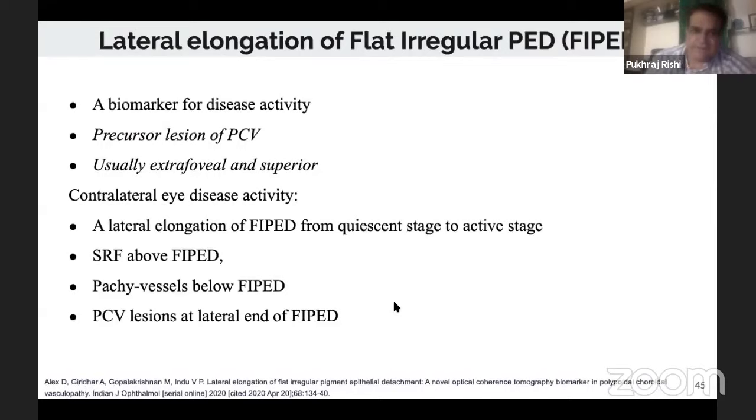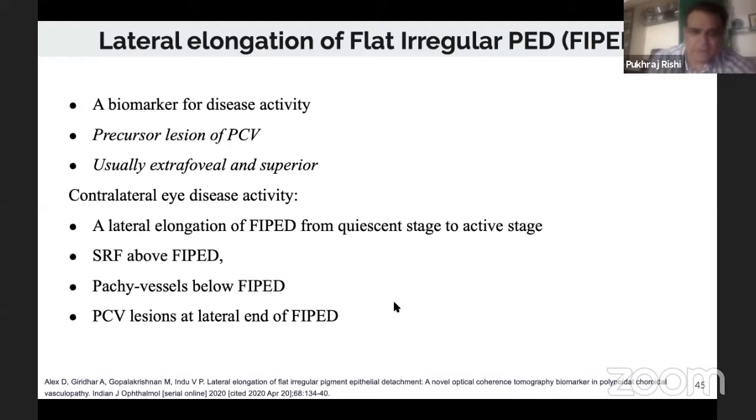There is another sign described by Dr. Giridhar and his group, and there is a lateral elongation of flat irregular PED. So in this article, I could literally sense that it is an expanding PED, but the lateral elongation is a little bit better pronounced.